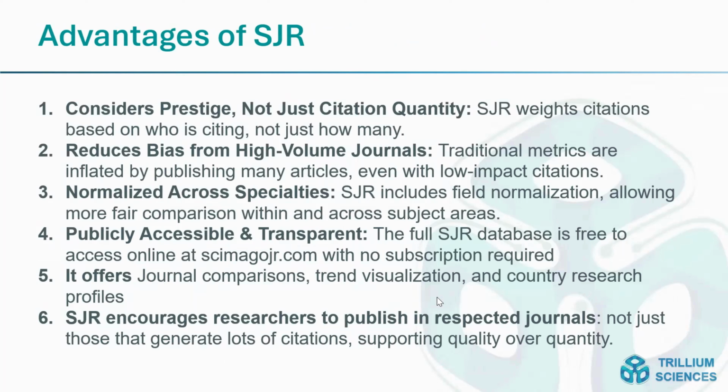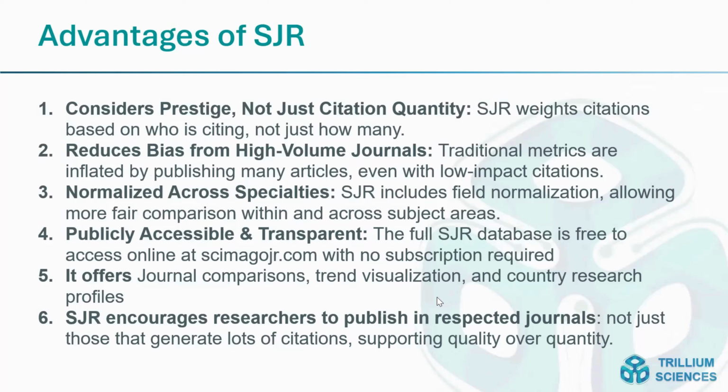The advantages of SJR are that it considers prestige, as we mentioned, not only the number of citations. So SJR weights citations based on who is citing, not just how many citations. The second thing is that it reduces bias from high volume journals. And we see that in journal impact factor, unfortunately.